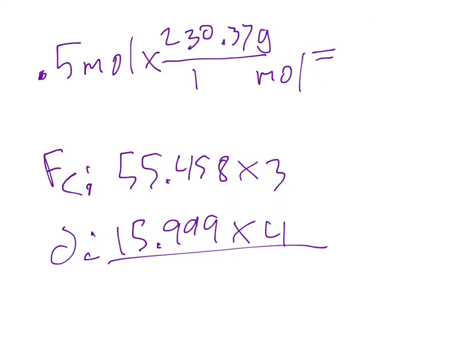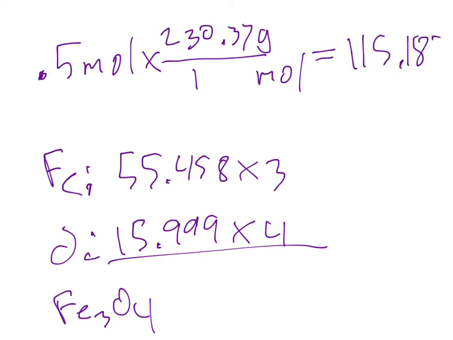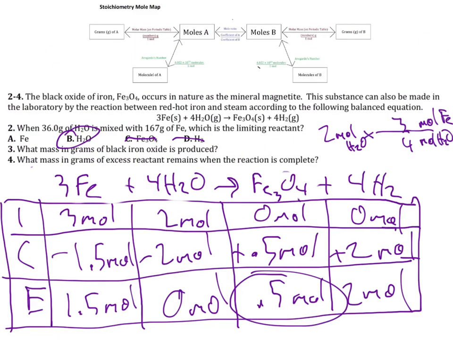And so here's the setup for converting the moles of black iron oxide, which is the Fe3O4. And I've calculated the molar mass already for you. So you just need to type this in the calculator, and it ends up being 115.185 grams of the black iron oxide. And so that's what we end up putting here.